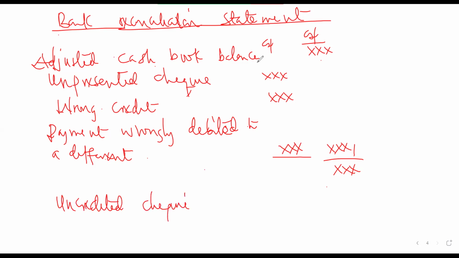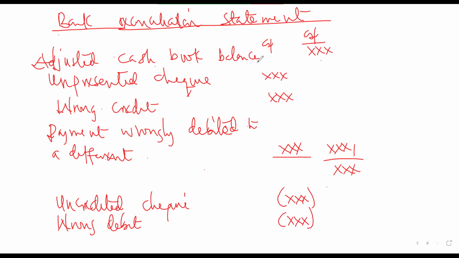Which will be a subtraction. Then you can have a wrong debit. Wrong debit means the bank has wrongly charged a different person's withdrawals to our account. But since this has been subtracted from the bank account, we should also go and subtract it from our cash book. So we bring it over here as a wrong credit.